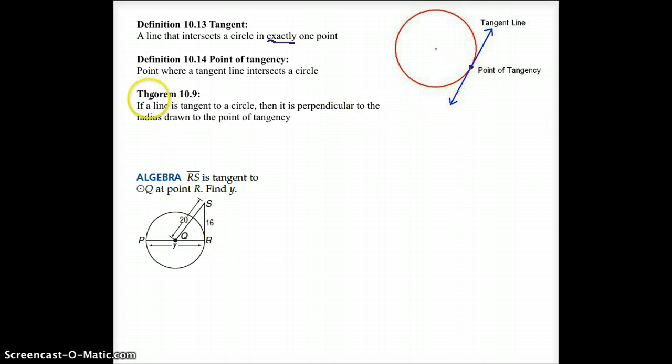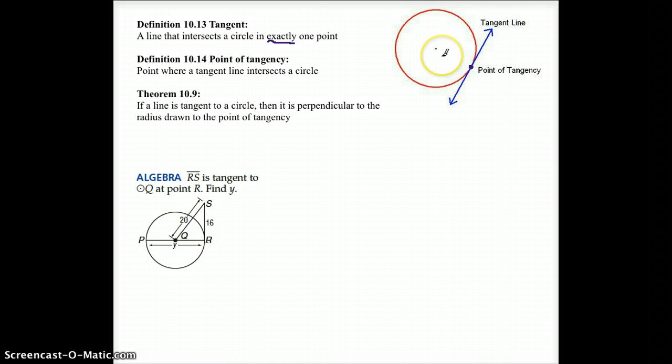And then here, theorem 10.9 says if a line is tangent to a circle, then it is perpendicular to the radius drawn to the point of tangency. So let's look over here at our example on the right. We have our tangent line to my circle.